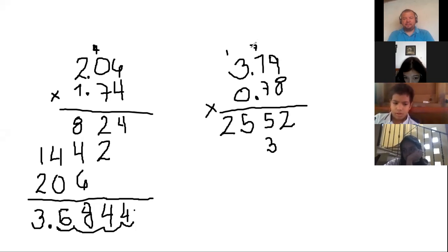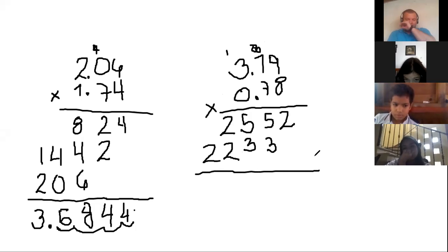Get 6. 7 times 1 is 7 plus 6, 13. Get 1 again. 7 times 3 is 21 plus 1, 22. Then all of them is 0, so I don't need it.